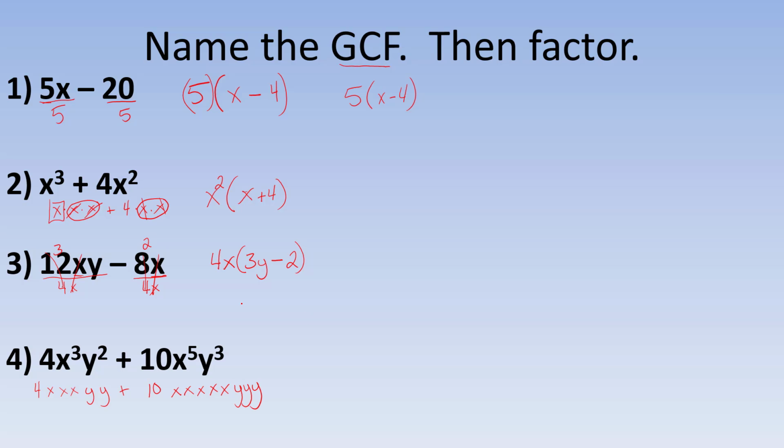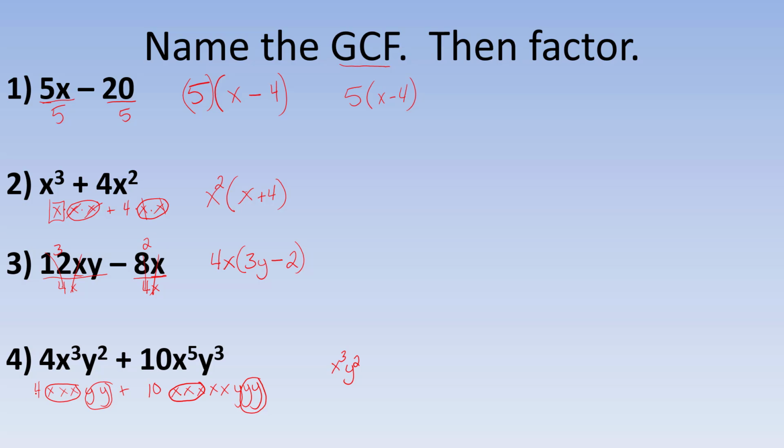That makes it a little bit easier for you to see exactly what your common variable factors are. I see 2 y's in both sides, so that would be a y squared. I see 3 x's in both sides, and so that would be an x cubed.